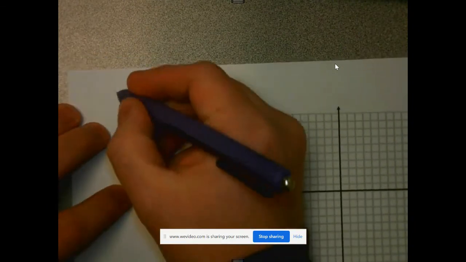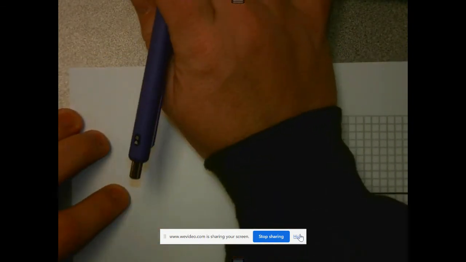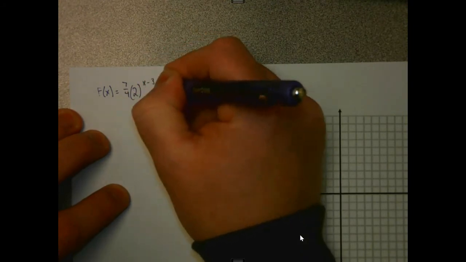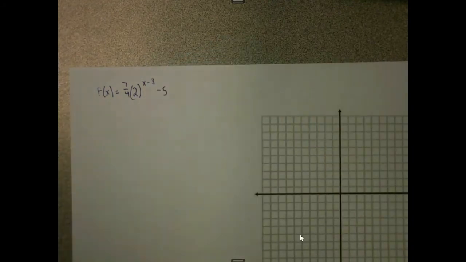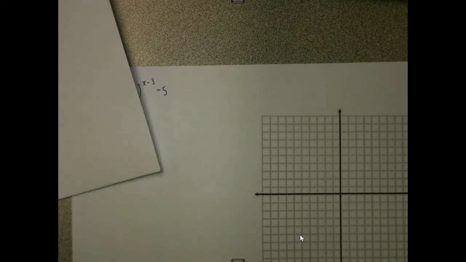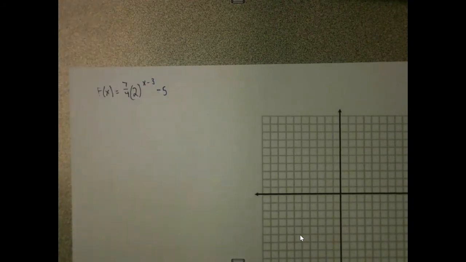So for the first function, we have f of x equals 7/4 times 2 to the x minus 3, minus 5. Okay, so it says for each function, if possible, find f of -2, f of 0, f of 4.